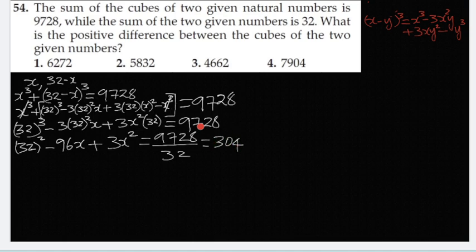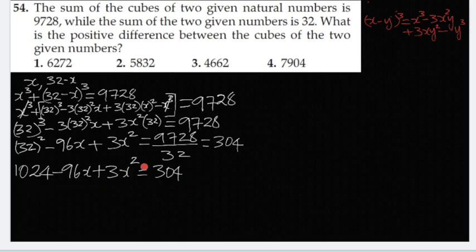So now expanding this, 32 the whole square is 1024. So 1024 minus 96x plus 3x square is equal to 304. Before taking 3 outside, we can take this 304 to the left hand side and cancel this number.